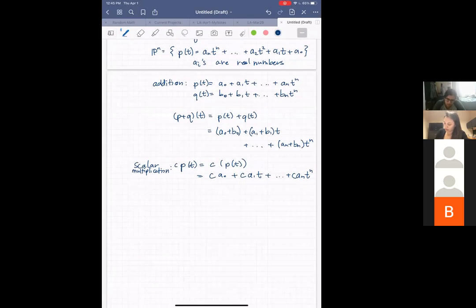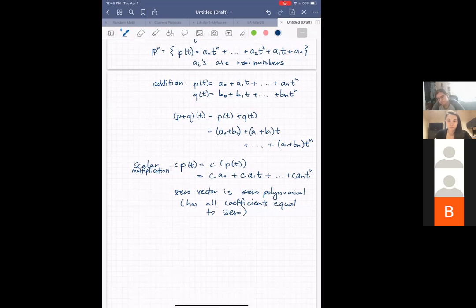The 0 vector here is the 0 polynomial, meaning the one that has all coefficients equal to 0.